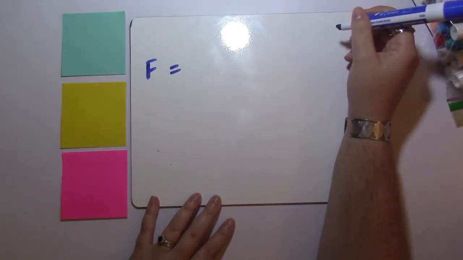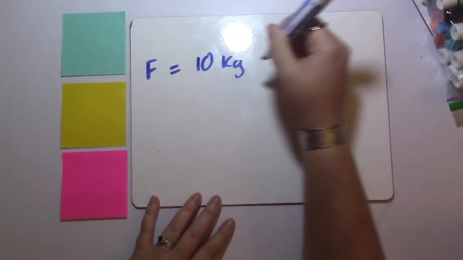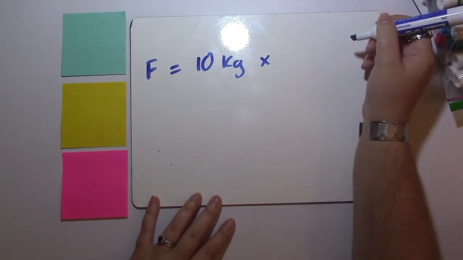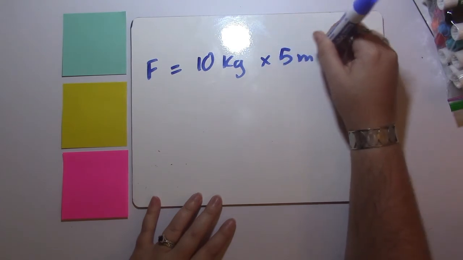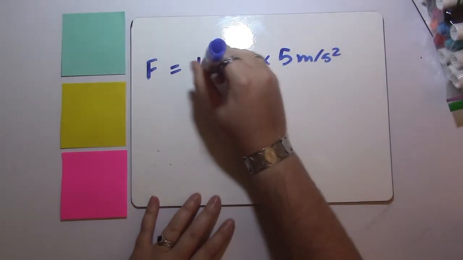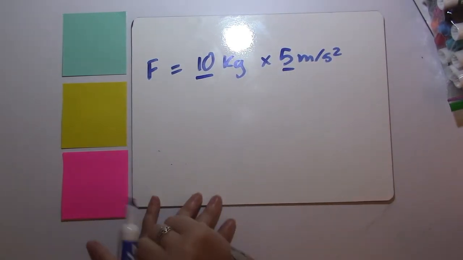Let's say we are pushing a box that has a mass of 10 kilograms, and we know that it is accelerating at a rate of 5 meters per second squared. Because we have two values, we can solve for our missing one.